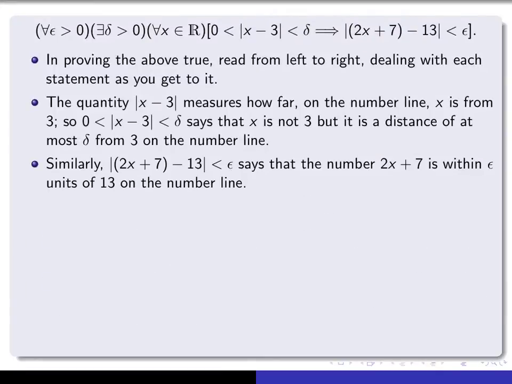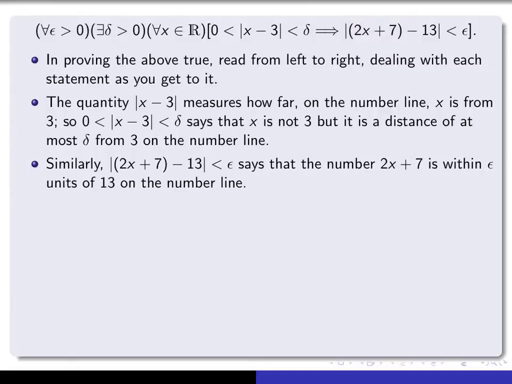And we have a similar interpretation for this thing here. To say that the absolute value of 2x plus 7 minus 13 is smaller than epsilon is just simply to say that the number 2x plus 7 is within epsilon units of the number 13 on a number line. And so the idea of the definition is that no matter what epsilon is given to you, so it's sort of the epsilon is measuring how far from 13 you're willing to accept your 2x plus 7 should be.